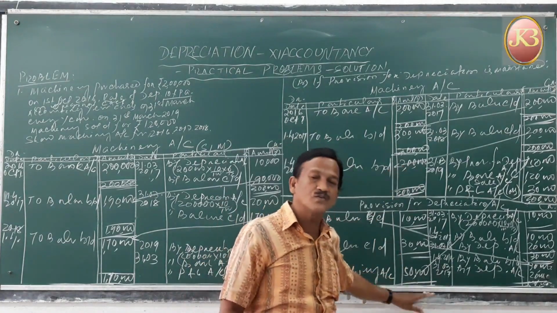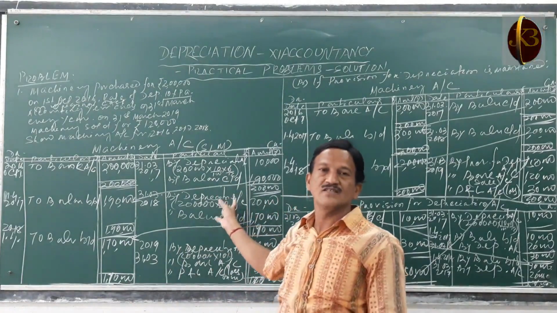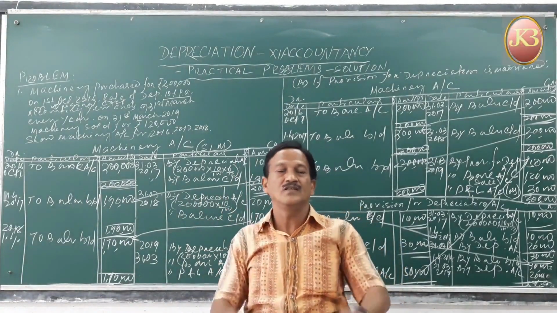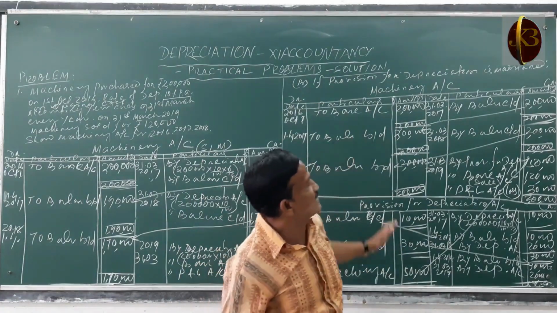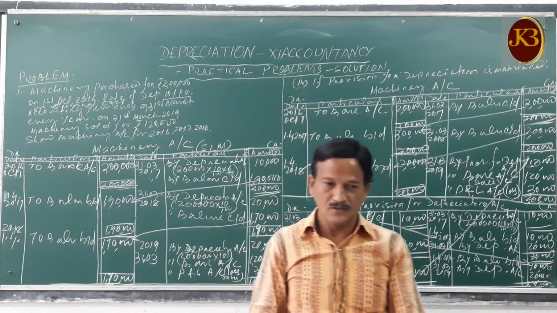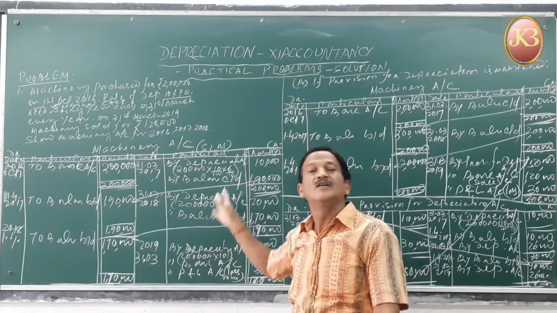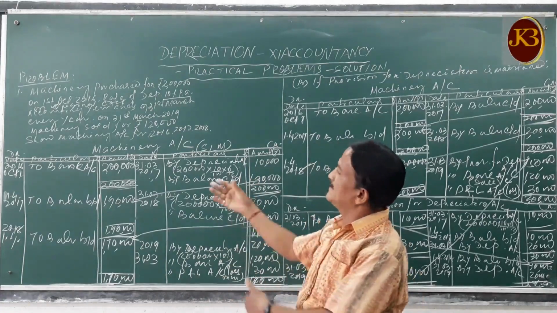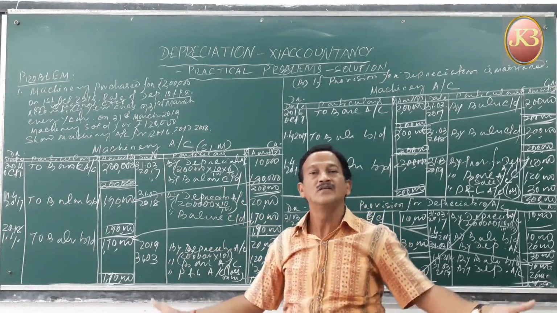The same process will be used for the written down value method. Only the amount of depreciation you calculate differs. So hope you have understood how we solve these practical problems. Do the practice, solve more and more problems in your book, then you will follow it.